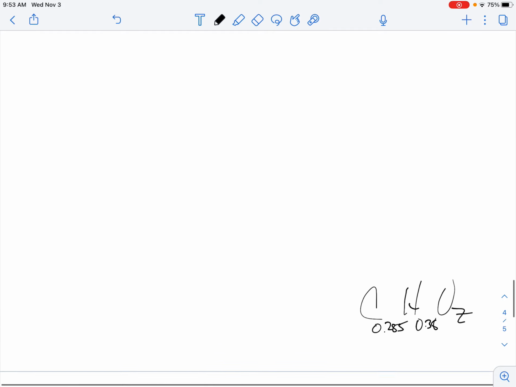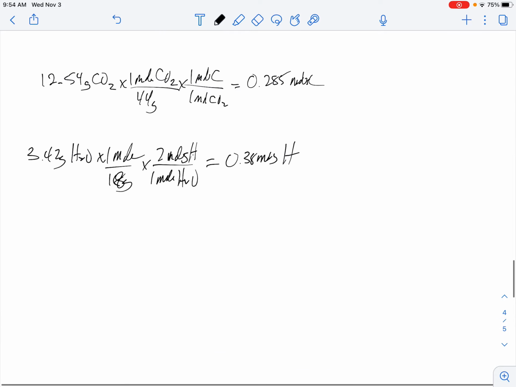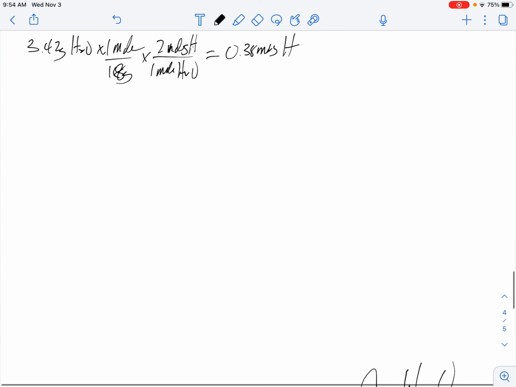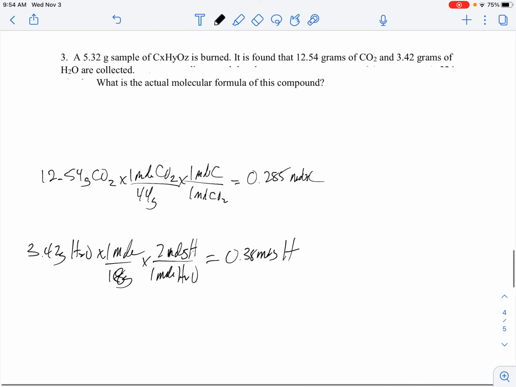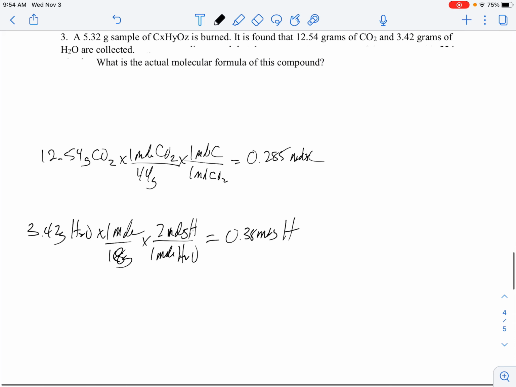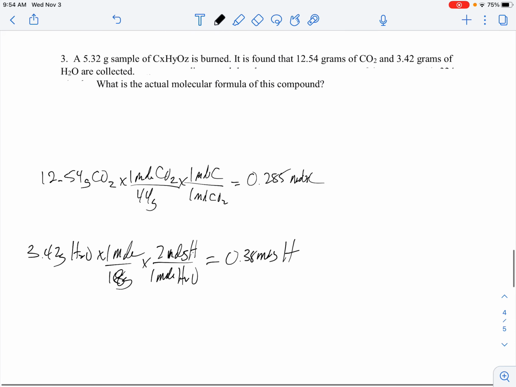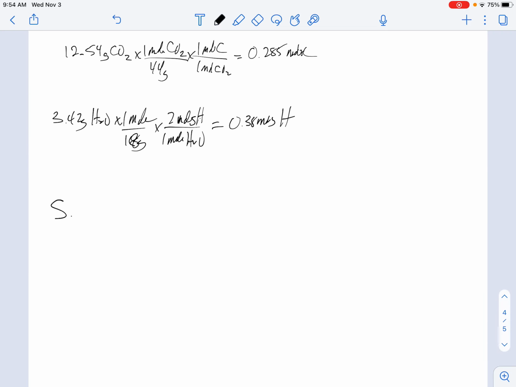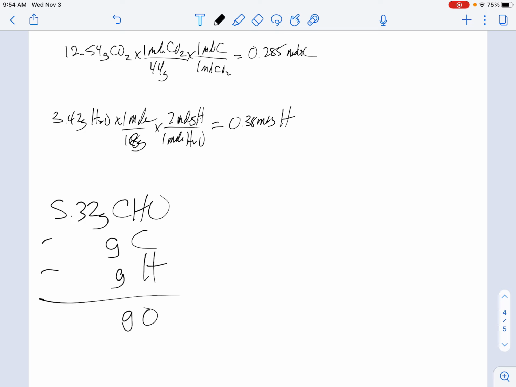Now I can't get the oxygen until I figure out how much carbon and hydrogen were there so that I can subtract it from the total. The total was the 5.32 grams of C, H, and O. I'm going to subtract out the grams of the carbon and the grams of the hydrogen, and that's going to leave me with the grams of the oxygen.